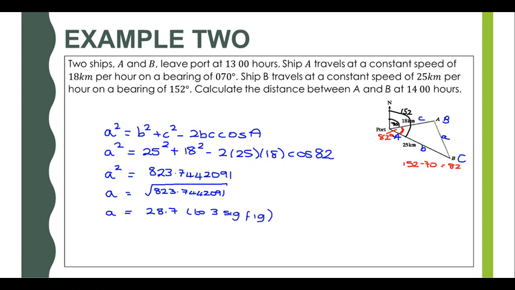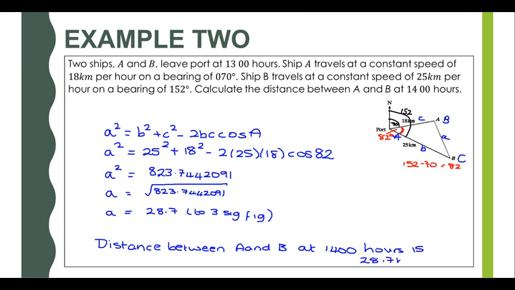So this tells us that the distance between A and B at 1400 hours is 28.7 kilometres to 3 sig fig.